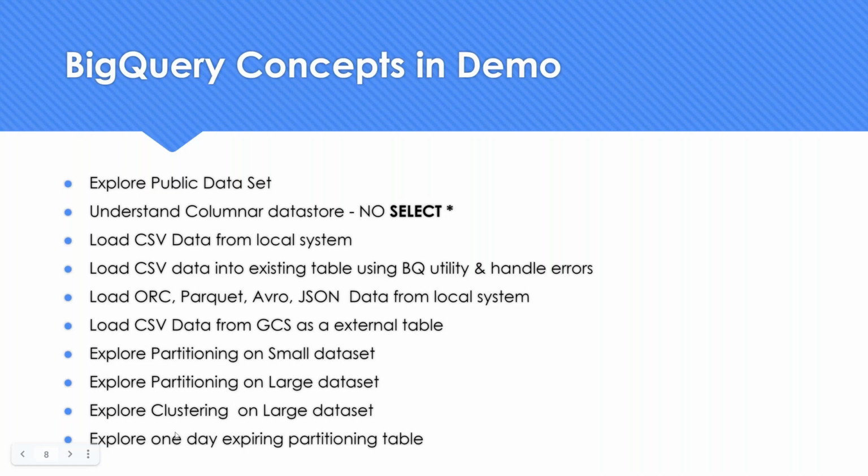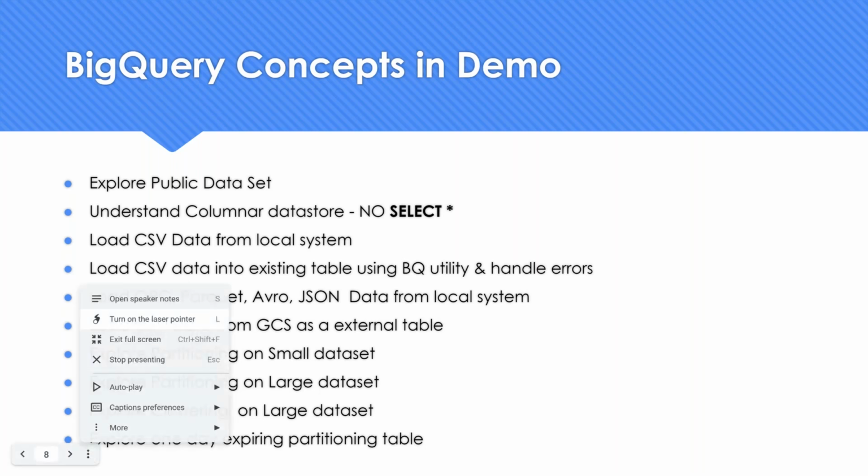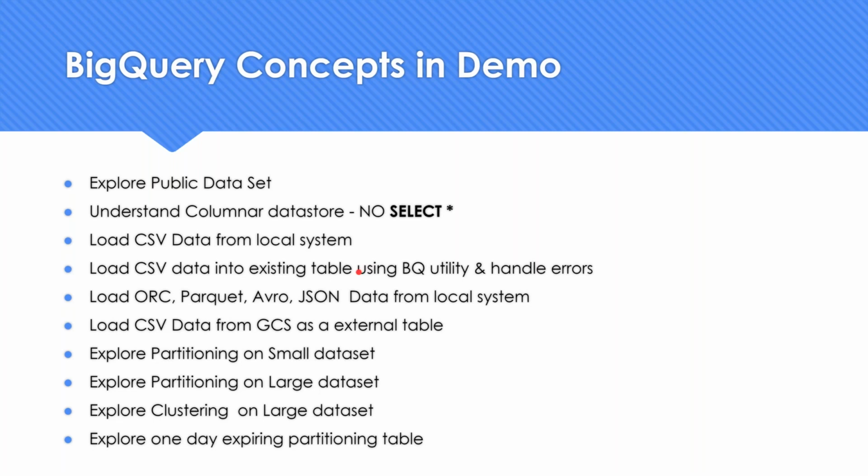Hello everyone, welcome to day 28 in our GCP Cloud Architect training, where yesterday we stopped at how to load a CSV format file into an existing table using the bq utility and also using the console.